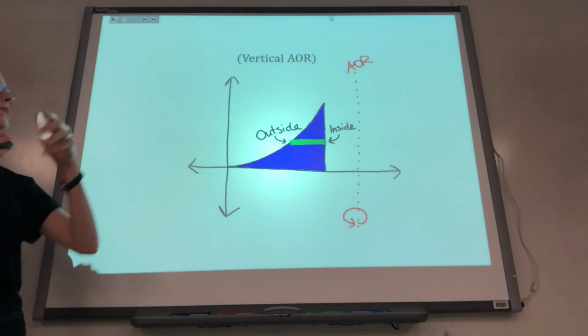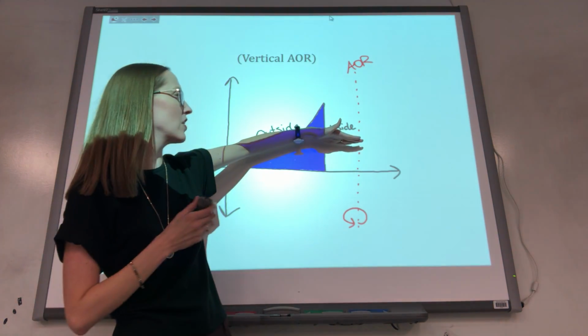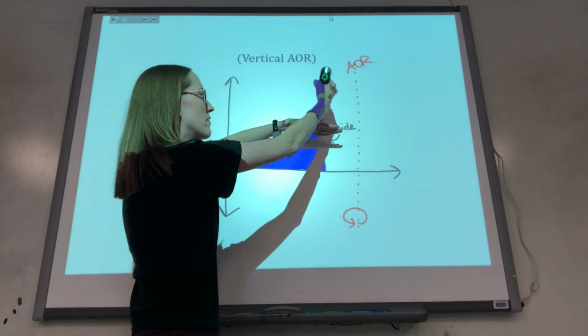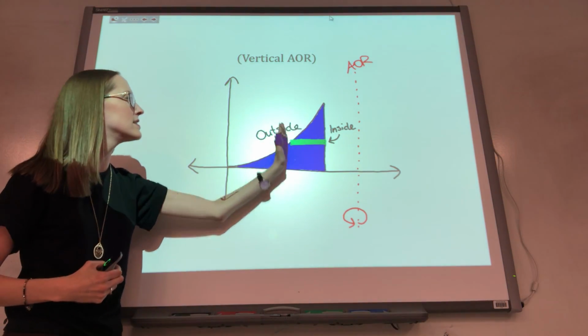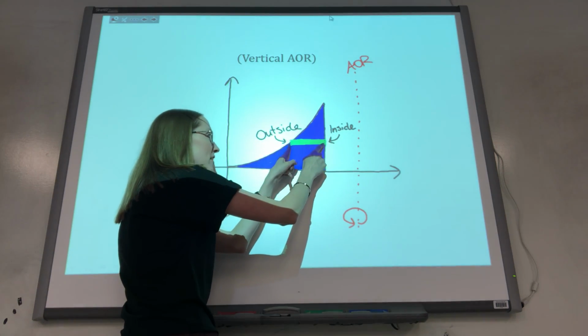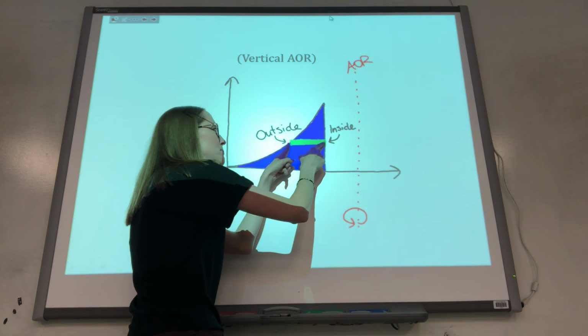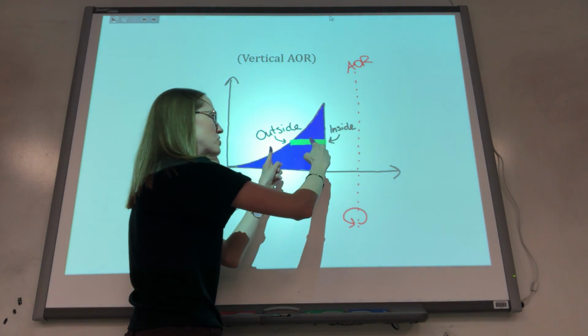And remember, the rectangle always has to be perpendicular to the axis of revolution. So that's how I knew to draw it this way instead of up and down. So imagine this rectangle spinning around that axis of revolution.